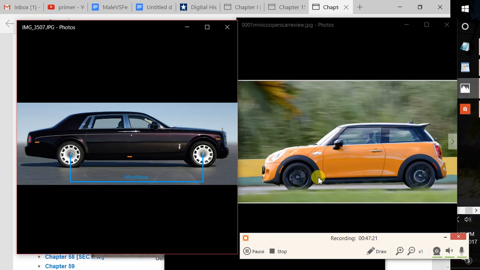Does it make sense? Because a man has a narrow pubic arch or narrow wheelbase, the wheels of this car are not working so hard to turn. They can turn in any direction quickly. But a Rolls Royce like this, which has a wider arch or wheelbase, is going to take a longer turn, and the wheels are going to work more than the wheels of the Mini Cooper because of this pubic arch.